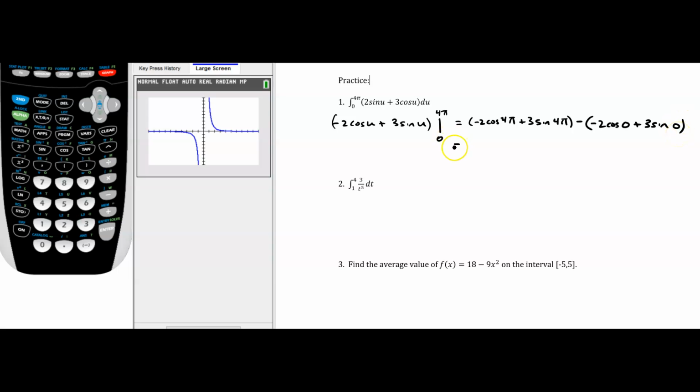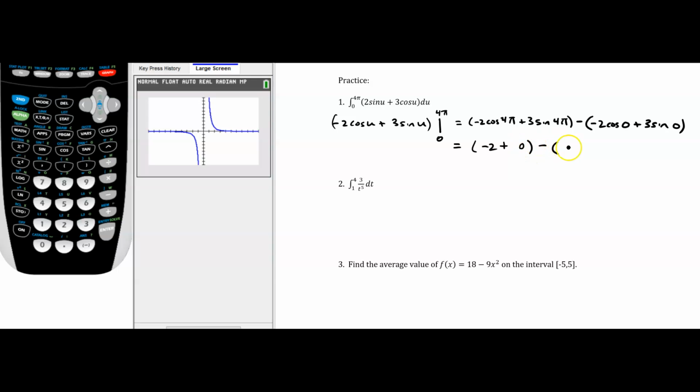So let's see if we can evaluate. The cosine of 4 pi, that's the same as the cosine of 2 pi or the cosine of 0, and that's equal to 1. So this ends up being negative 2 plus 3 times the sine of 4 pi. Now the sine of 4 pi is 0, and so 3 times 0 is 0.